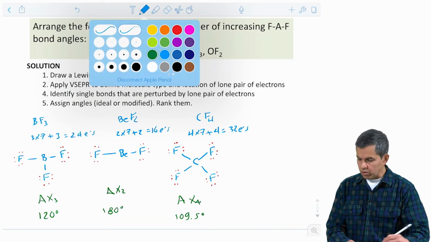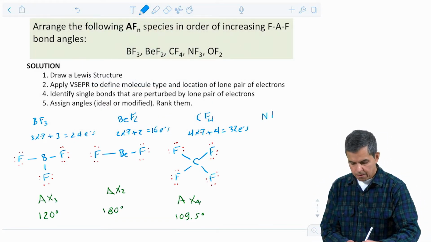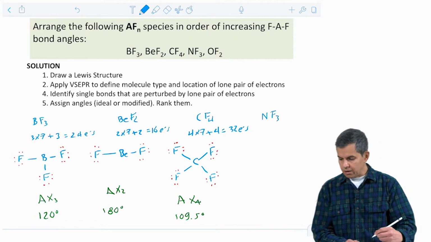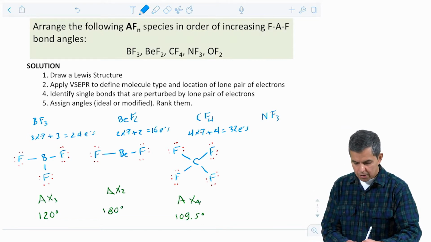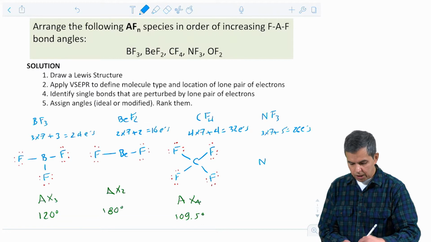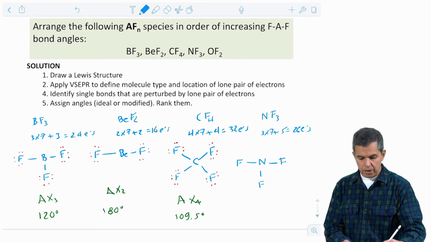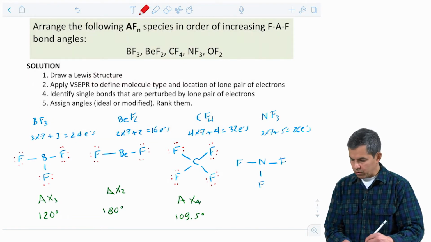The next structure will be that of NF3, that has a total of 3 times 7 plus 5, which is 26 electrons. We are going to put nitrogen in the center, with fluorine atoms connected to the nitrogen. We have 3 bonds, so that's 6 electrons, and we have to place 20 more electrons.